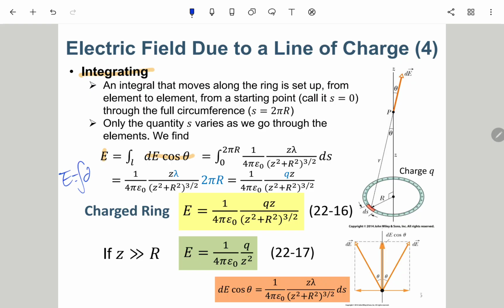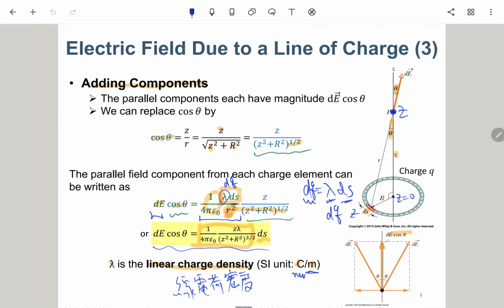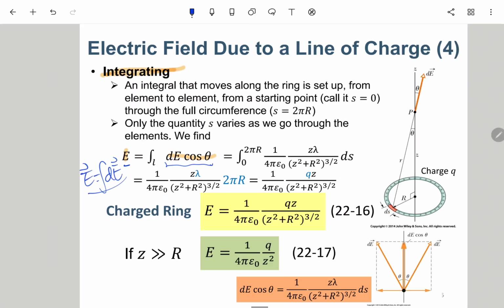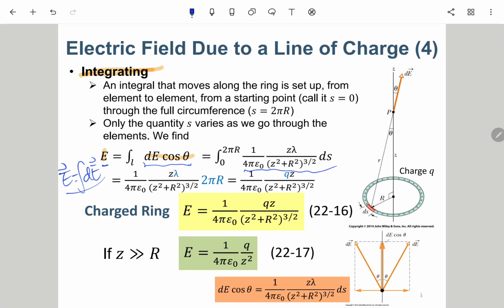But according to what we derived on the previous pages, we only consider the z-axis component. Only the z-axis component remains, which is dE times cosine theta, and then we don't use the vector notation here. In that case, we just put this expression here.